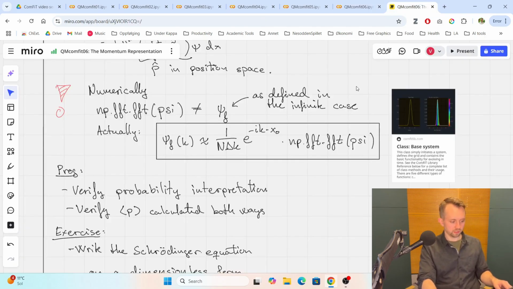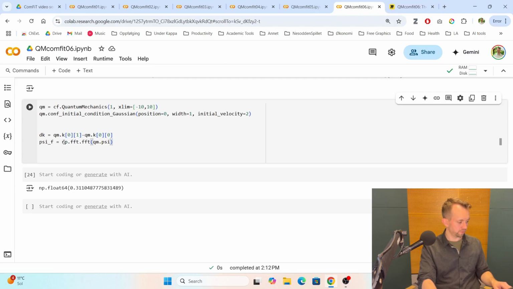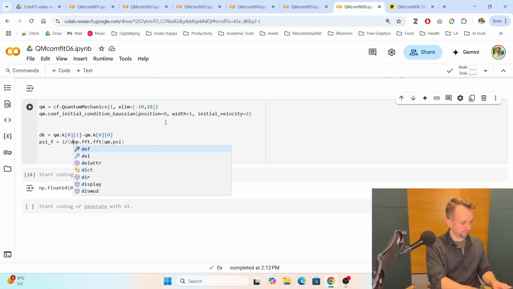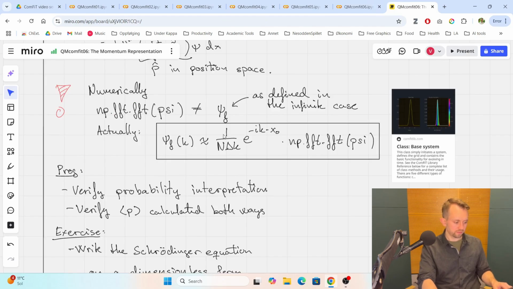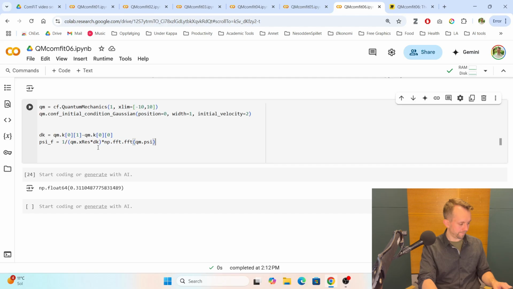And secondly, I need the number of points, which is given by xres. So I need to do 1 divided by dk, or qm.xres, that's the resolution in the x direction, multiplied by this discrete Fourier transformation. This is this object here, and then I need to multiply it by this in order to get the thing which I can integrate. So let's do that.